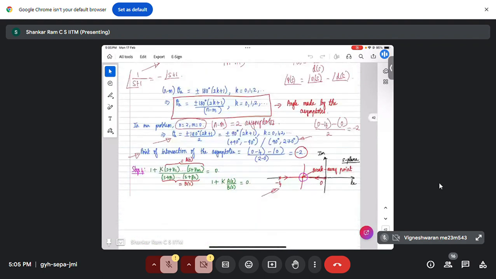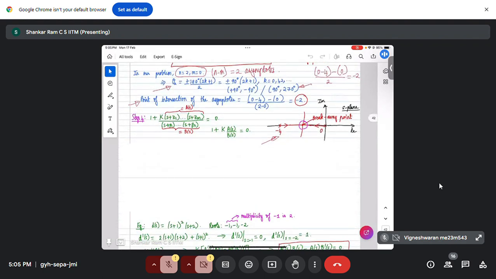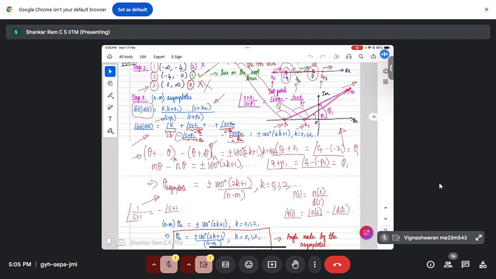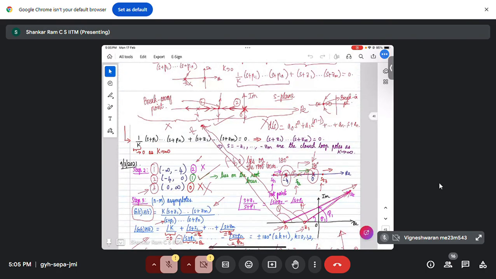If we look at a breakaway point, if we have two open loop poles on the real axis, like in this example, -4 and 0, one branch starts from -4 and goes towards the right. One branch starts from 0 and goes to the left. At some point, they need to intersect on the negative real axis, and from there, they branch out into the complex plane. Okay, that is a breakaway point.